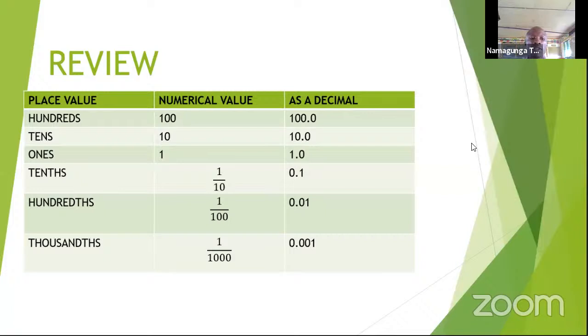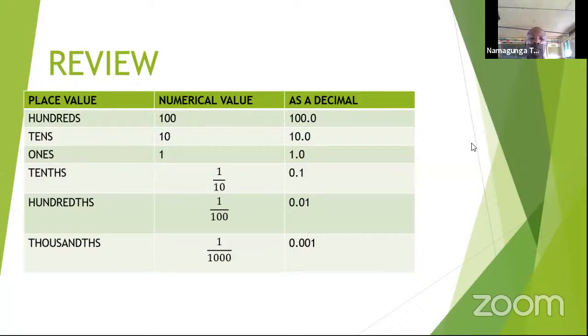So the place value of the first digit on the left of a decimal point is ones, and its numerical value is 1, the way you're seeing it, which is 1.0, and 1.0 automatically is 1.